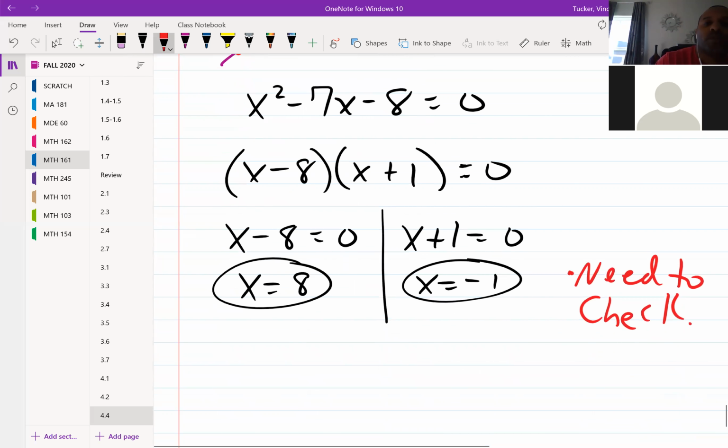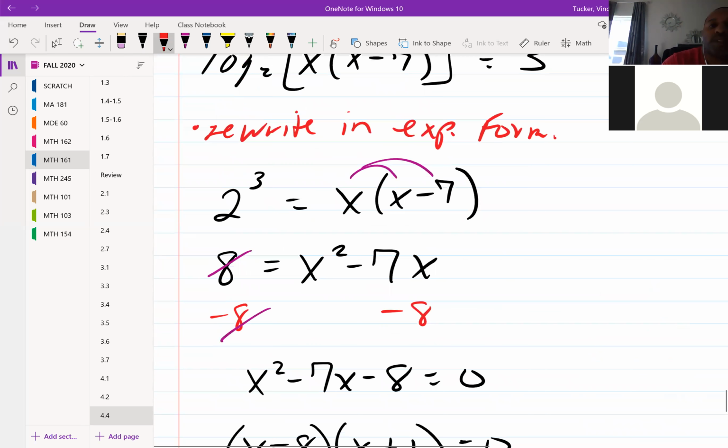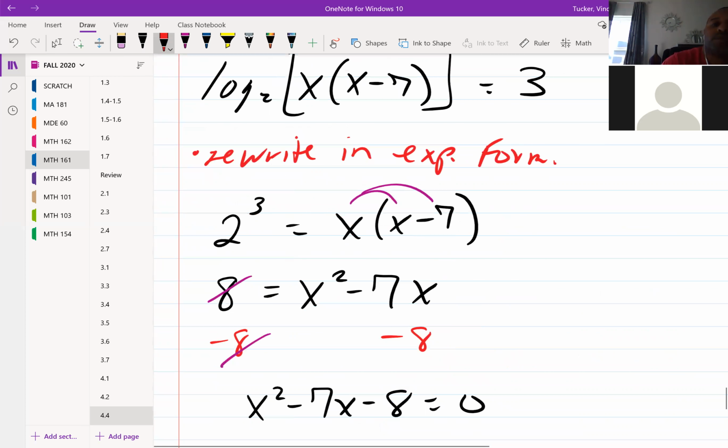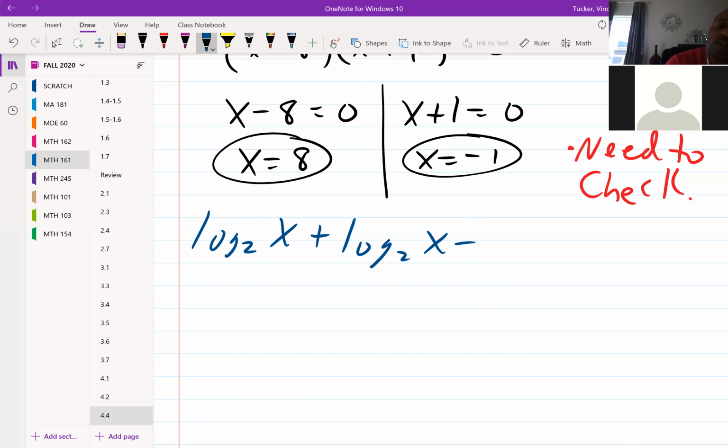All right, so after we get these two values, we do need to go back and look at our equation, make sure we check to see if we get valid solutions. And let's go back. What was our original equation? Our original was log base 2 of x plus log base 2 of x minus 7 equal to 3.